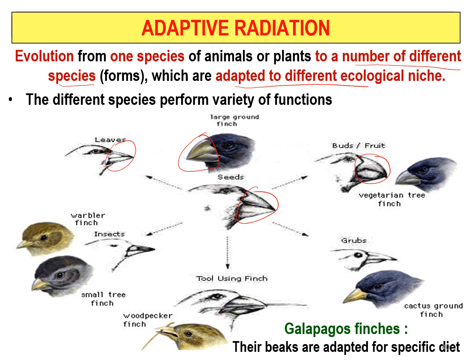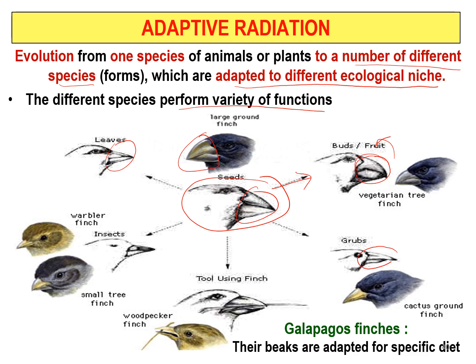Kenapa? Adapted to different ecological niches. These different beaks perform a variety of functions. Contoh ni beaks satu yang asal radiate. Yang pertama dia vegetarian finch. So this type of beak eats on buds and fruits, putik bunga atau putik buah.